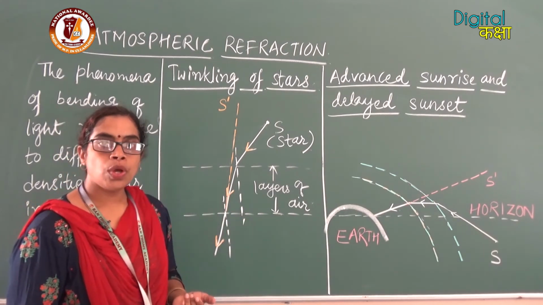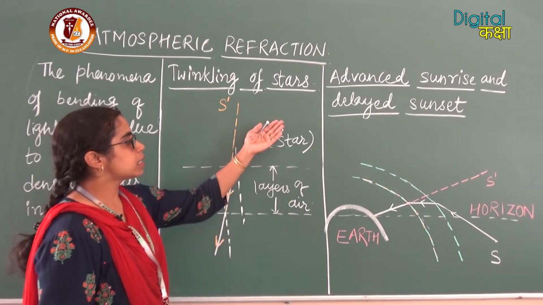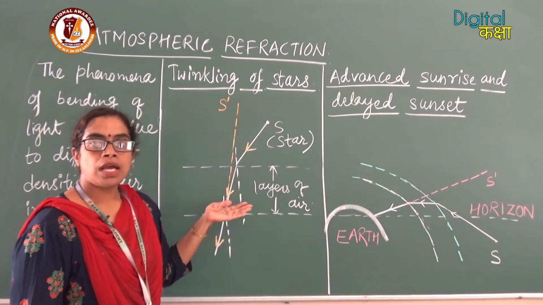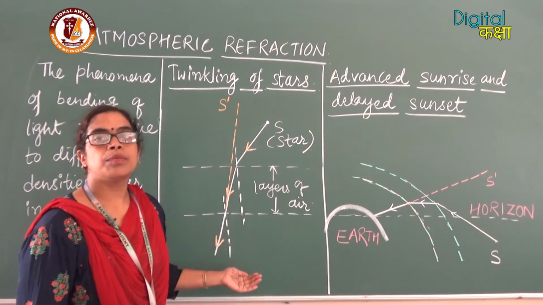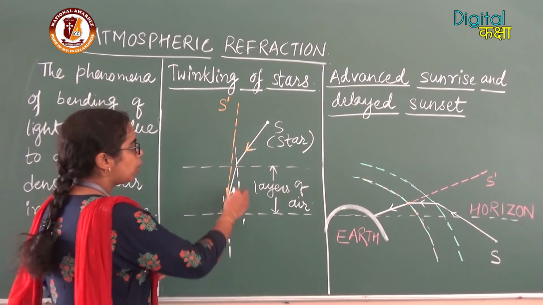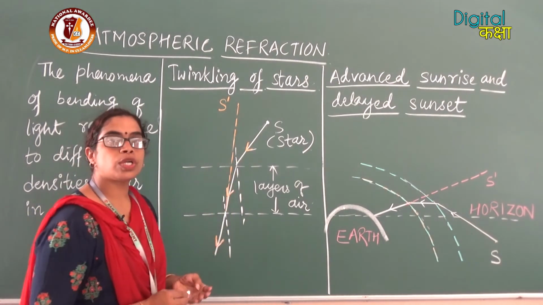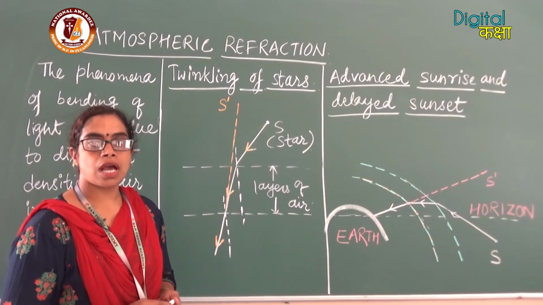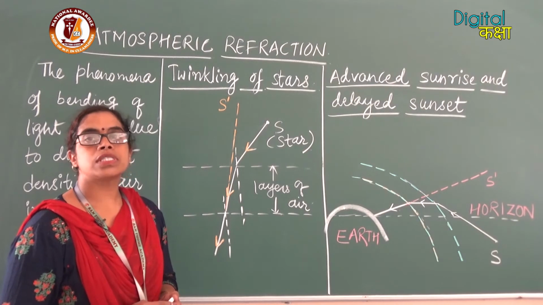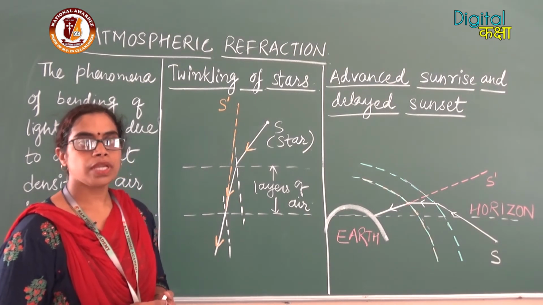So when the light ray comes from the star, it continuously enters denser mediums. So every time, according to the rule of refraction, the light ray from the star bends towards the normal.